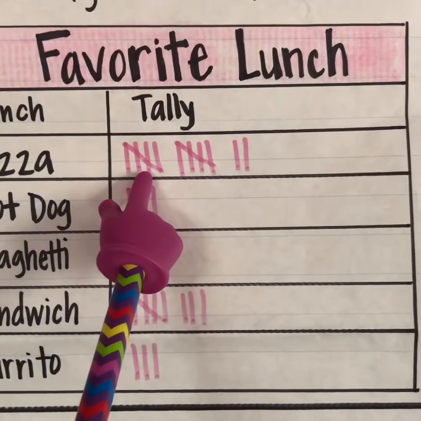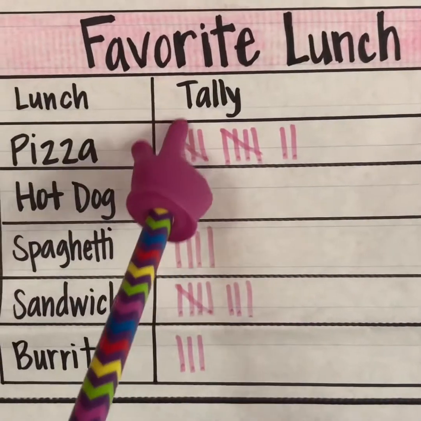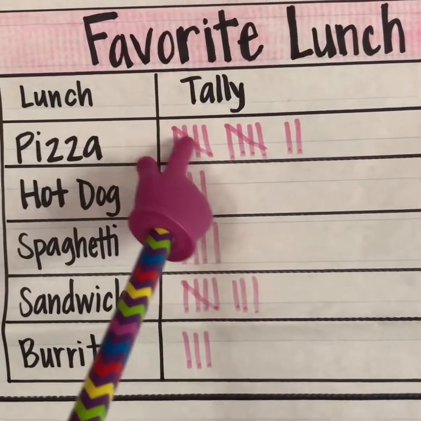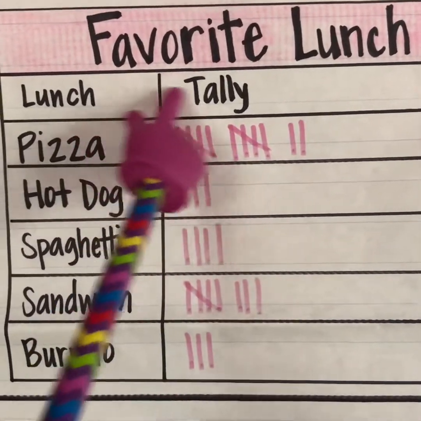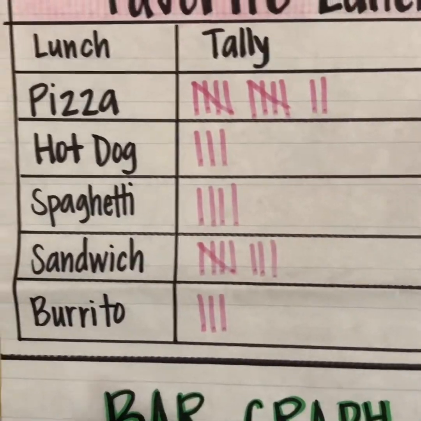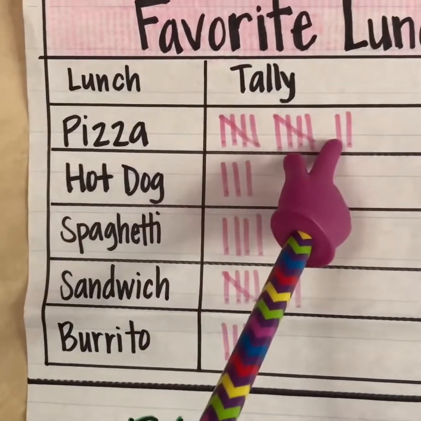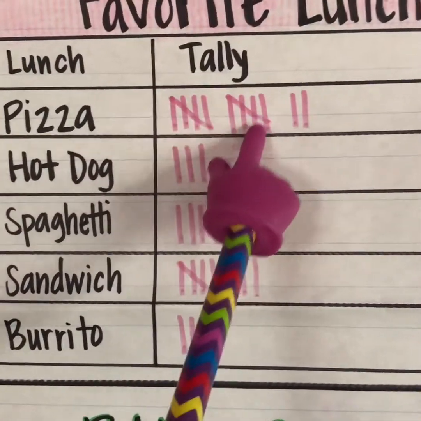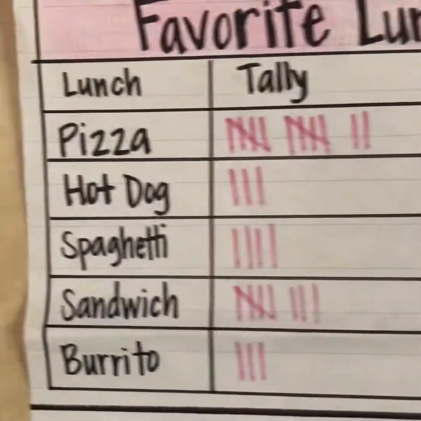I know that when I see 4 tally marks in a row with another one diagonally crossing it, that means a group of 5. So you're able to count by 5s when you see this, and then begin counting by 1s for the individual tallies. So pizza got 5, 10, 11, 12 votes.